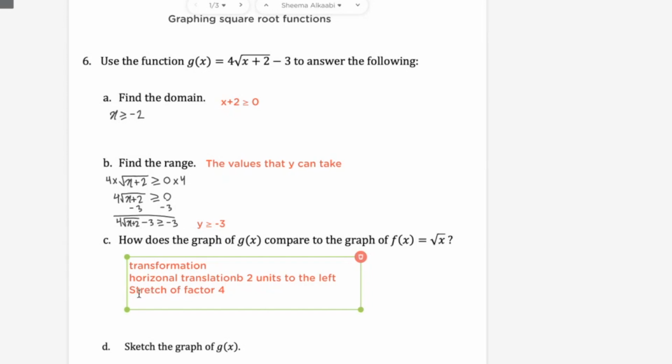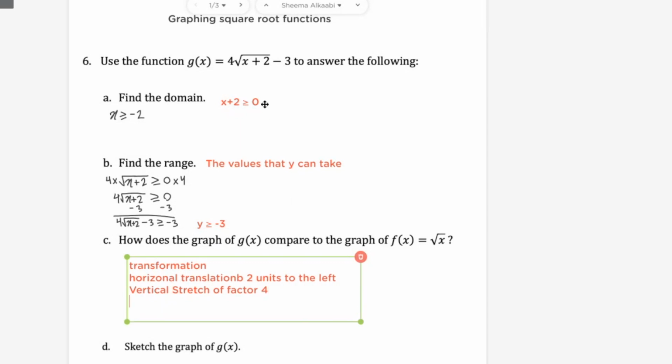So this stretch is vertical. So make sure you mention it's vertical. Vertical stretch, because it's in the direction of y. If it was inside, like 4x inside, then it's horizontal. And the factor is the reciprocal. If they put 4, you say factor 1 over 4, and it becomes a compress, okay?